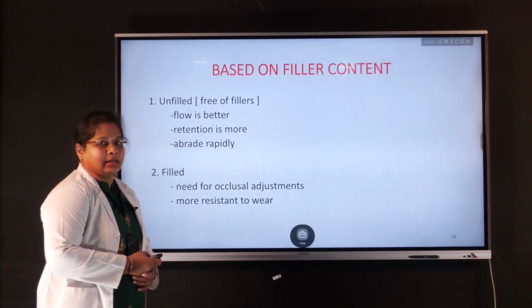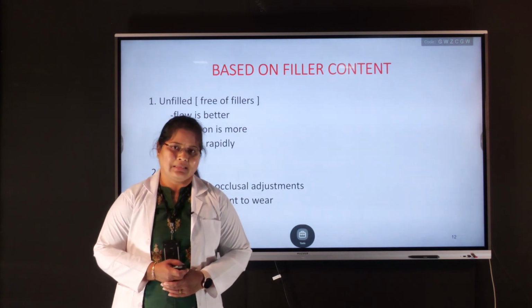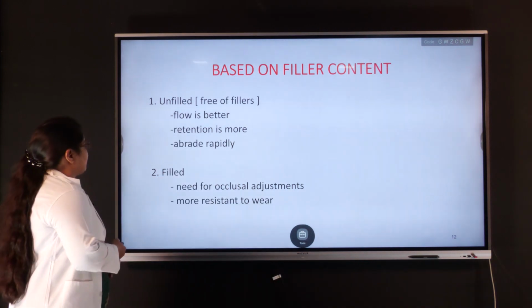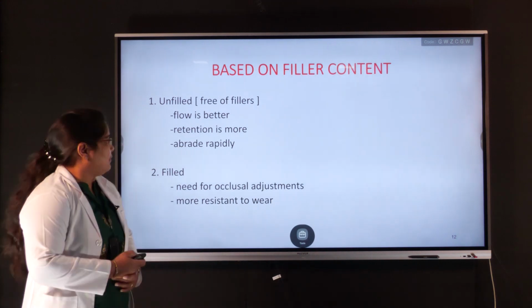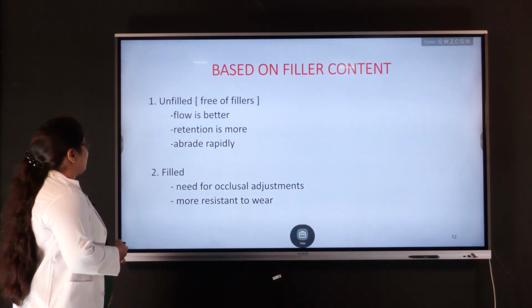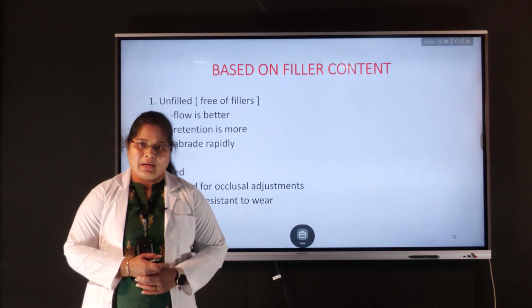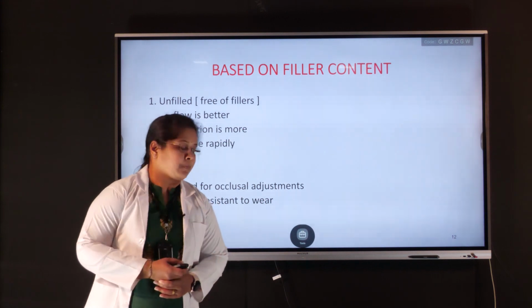Based on the filler content, silica and quartz glass are used as filler particles in pit and fissure sealants. There are two types. First one is the unfilled resins. Advantages with unfilled resins are they flow easily and retention is more. Only one drawback with unfilled resins is they can abrade easily.